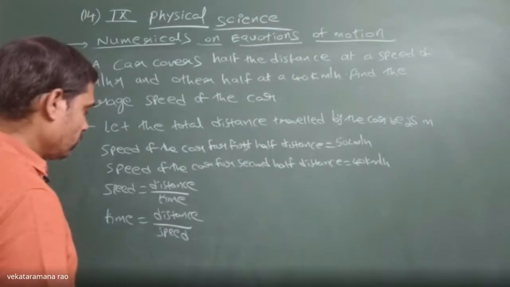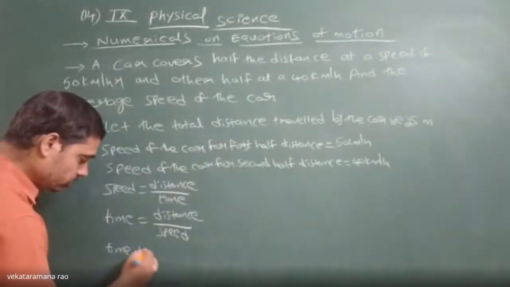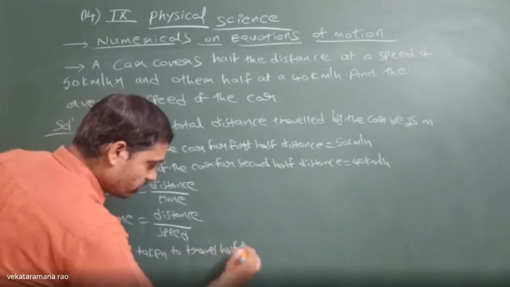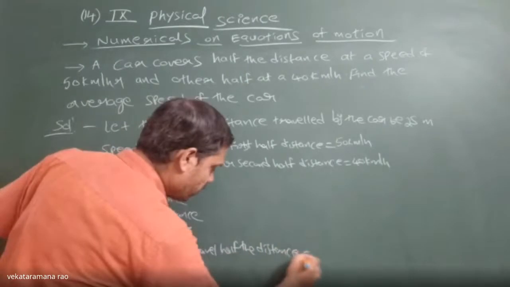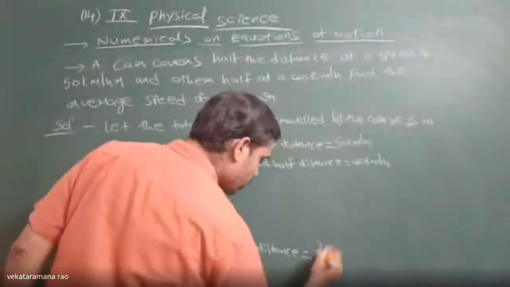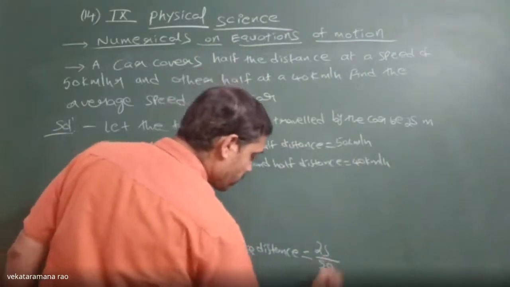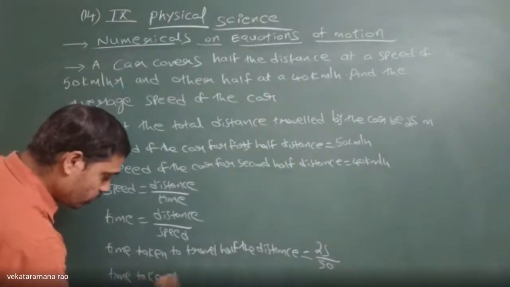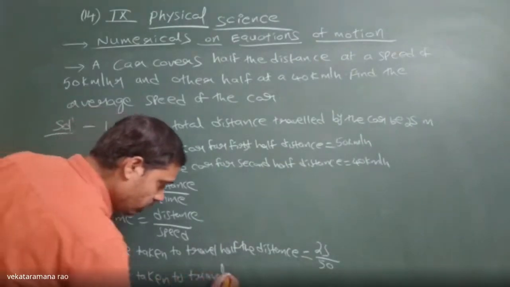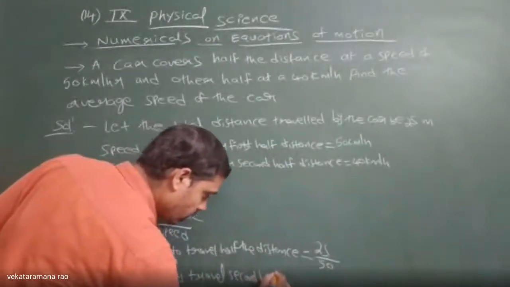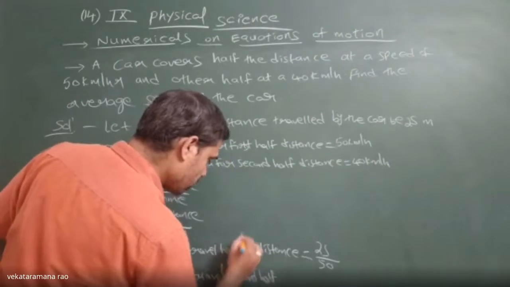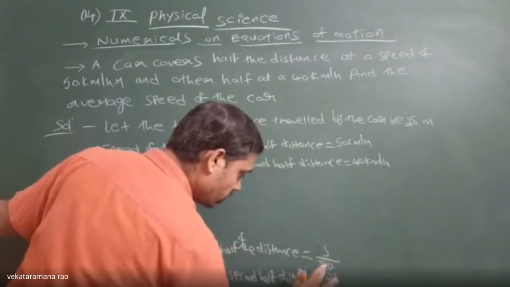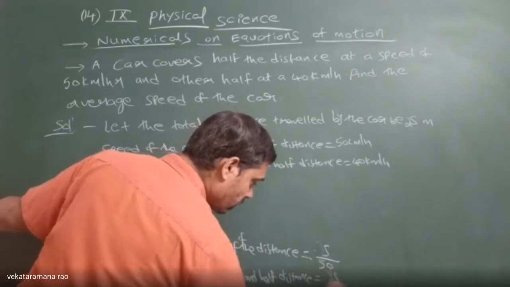So the time taken to travel the first half distance is distance by speed: total distance 2S by 50. Similarly, the time taken to travel the second half distance: here it is S only, because half of the distance is S. S by 40.